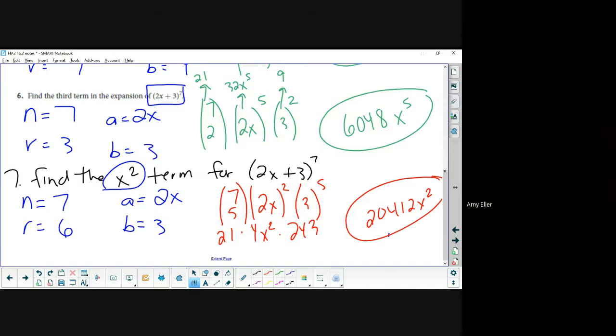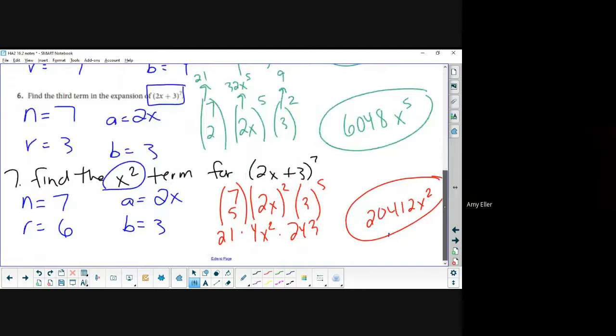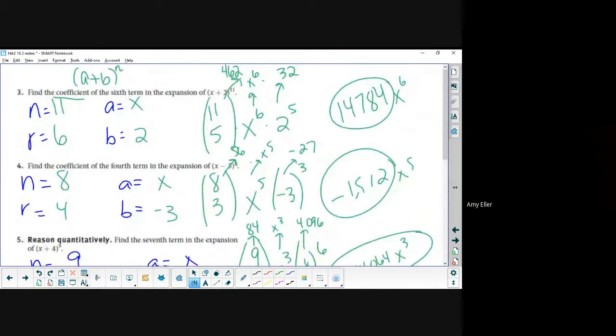Okay, let's go back up to number 3. Are there questions on this one? Okay, number 3. We're not going to do a whole new problem. We're just going to talk about something for 3. What if number 3 said find the x squared term? Write down what r would be. If they ask you for the x squared term, figure out where that would be for r.